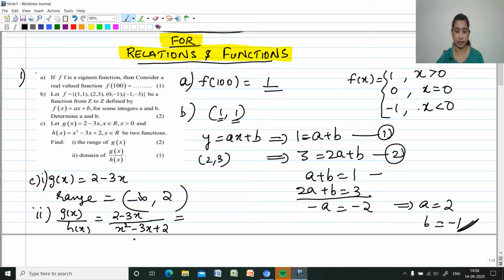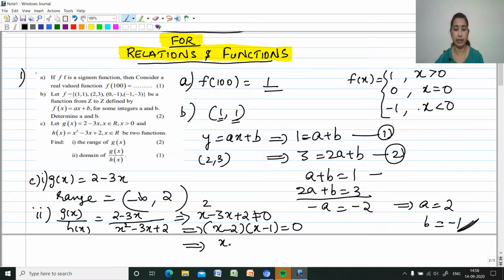Here it is a fraction, so the denominator will not be 0. That means x square minus 3x plus 2 will not be equal to 0 since it is a rational expression. That means (x minus 2)(x minus 1) equal to 0, or x equal to 2, 1.